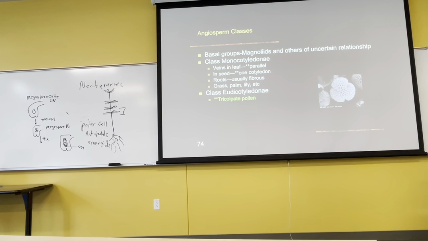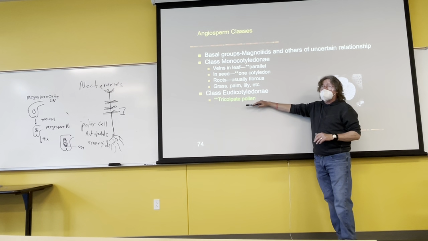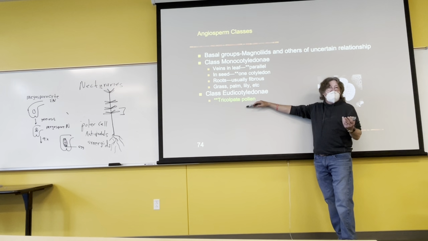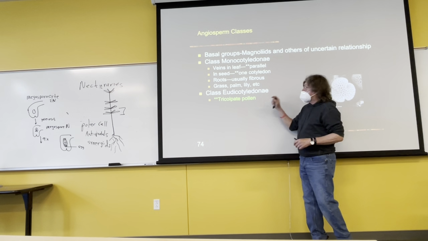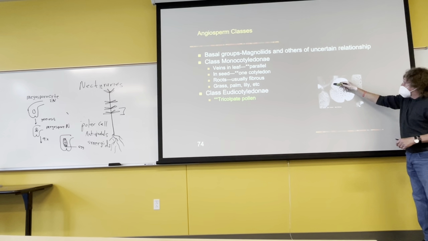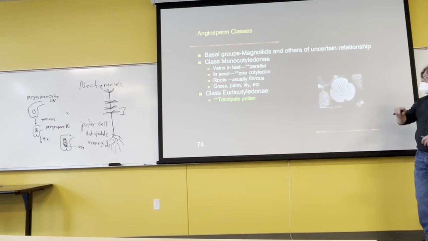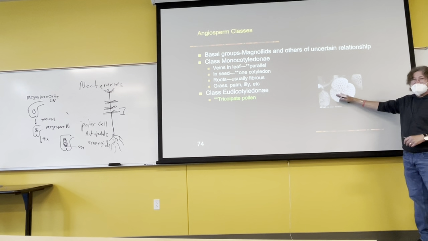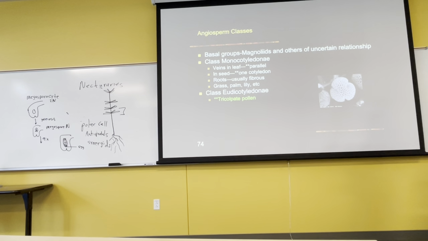So that makes it a plesiomorphy, all right? So the only real good apomorphy that I could come up with, this group is well supported by molecular data, okay? Well supported as monophyletic, but they have what is called tricolpate pollen. It means that it has three ridges to it, whereas the monocots don't have anything like that, but all eudicots have that. There are other differences between monocots and dicots that we'll go into a little bit later on.